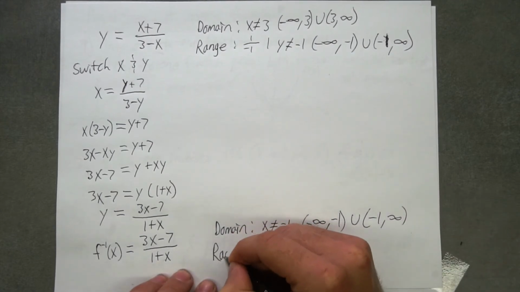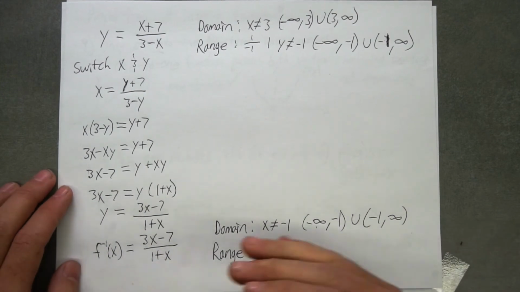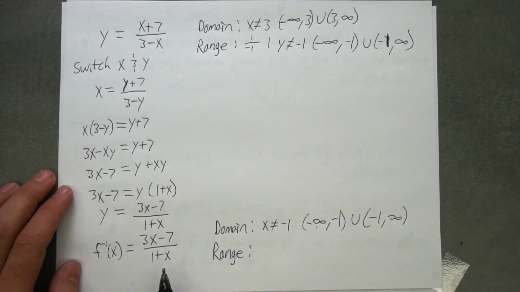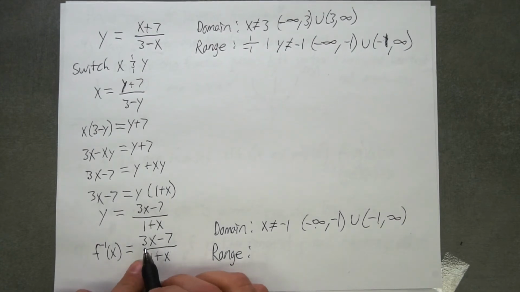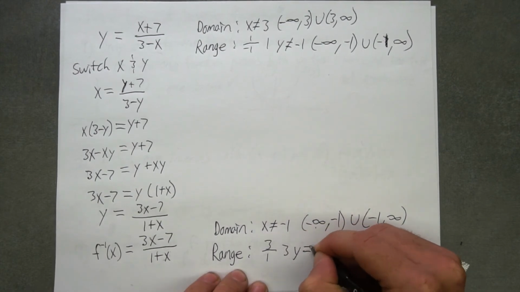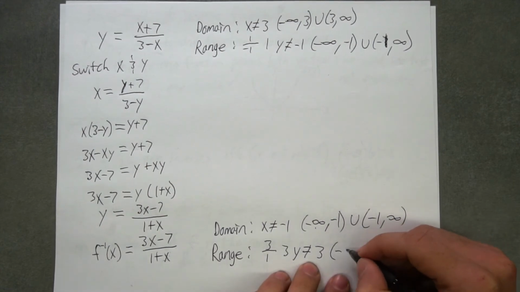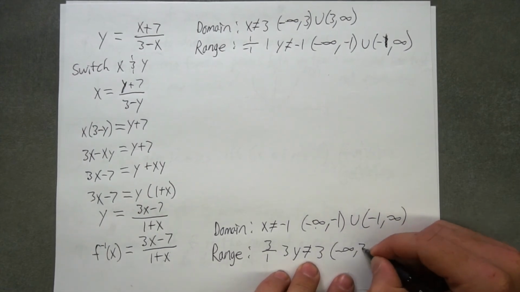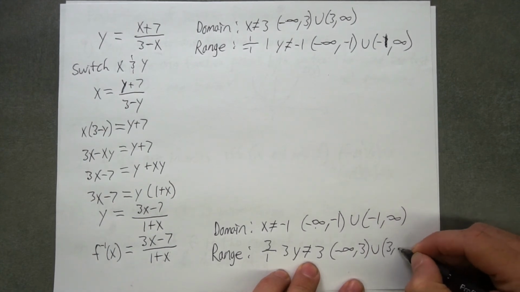Our range is found from our horizontal asymptote, or the coefficients of the highest degrees in the numerator and denominator. Here we see that it's 3 over 1, or 3, so y cannot be 3. And we see that our range is from negative infinity to 3, union 3 to infinity.